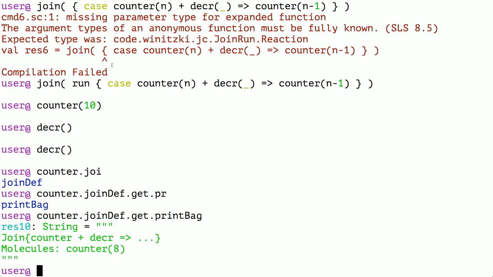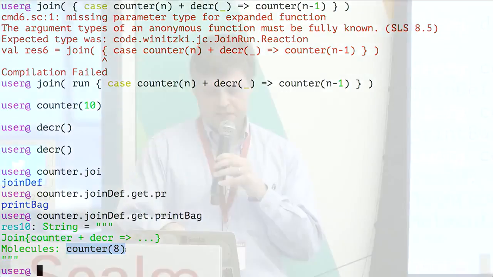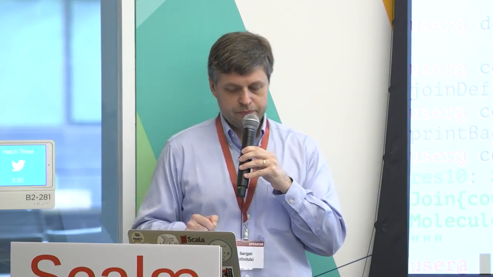And now you see the debug output: there's a join definition with this reaction, counter plus decrement goes somewhere. And the soup contains molecule counter with value 8, which is what we expected to happen. Now, I suppose I could have put print statements inside reactions, and that's also a good debugging tool.